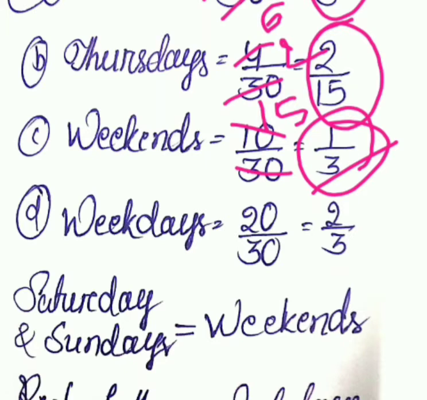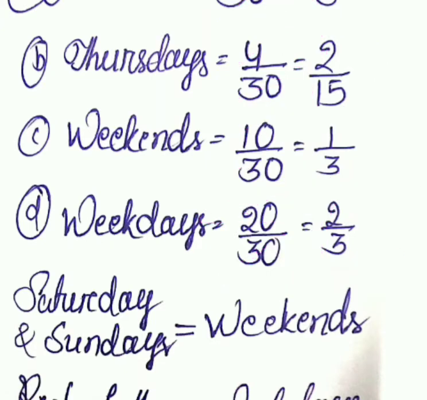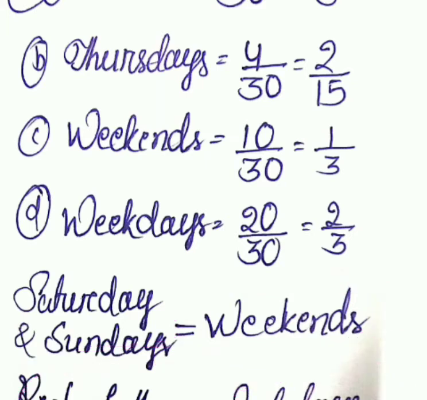So the fraction will be 20 by 30. 10 twos are 20, 10 threes are 30. So the simplest form, the fraction of weekdays, will be 2 by 3. Here the hint I have written: Saturday and Sundays are weekends and the rest of the days are weekdays. The hint is already given in your book, so you can simplify it.